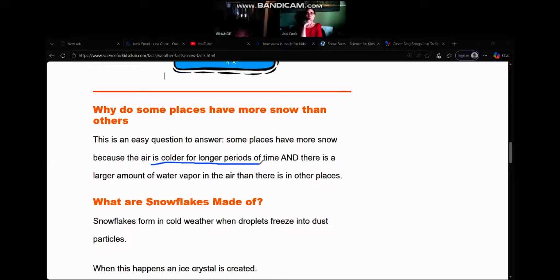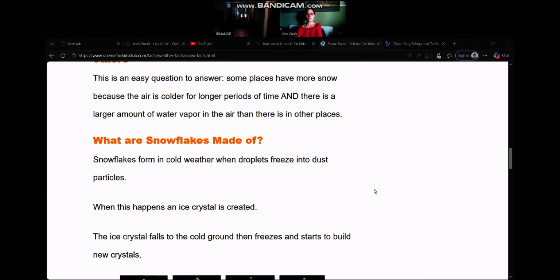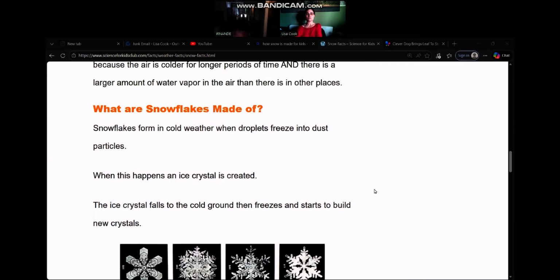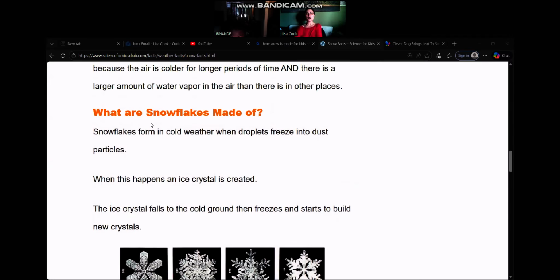Because they're colder. Because that's what makes the water freeze or crystallize, okay? So what is the next portion of reading going to be about? What are snowflakes made of? Okay.